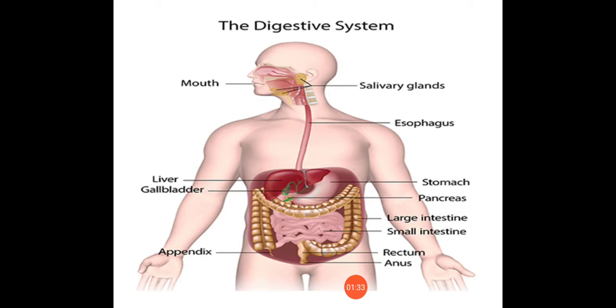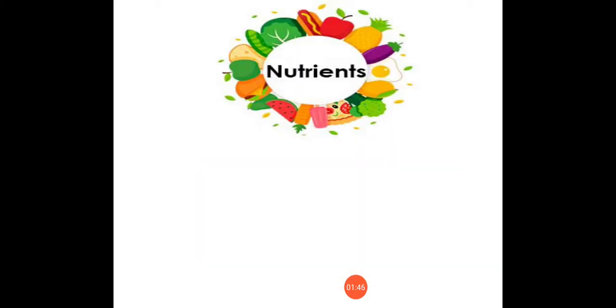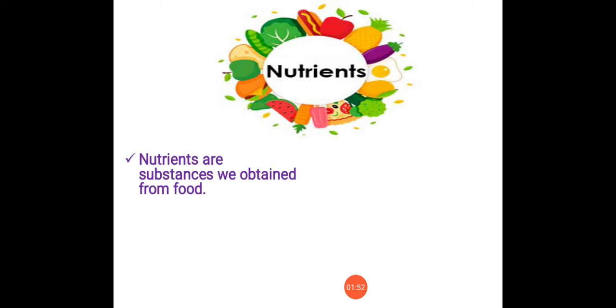In this chapter, we will discuss the digestive system. Before we discuss the digestive system, let us talk about nutrients. These are the substances that we obtain from food. The body needs nutrients to carry out various functions.